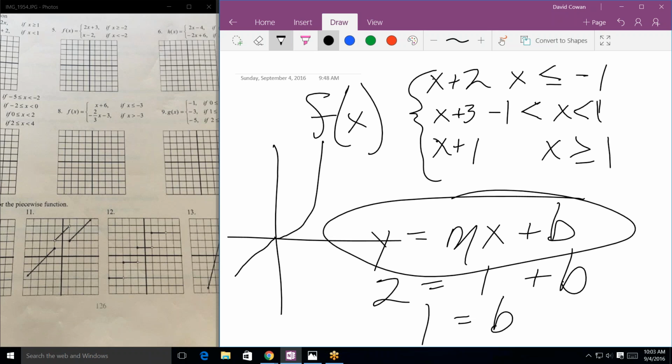To the left, the equation would be y equals x, and to the right, the equation is y equals x squared. So when x is less than 0, it's y equals x. When x is greater than or equal to 0, it's y equals x squared. And that's how you do them. So they're not all linear, but everything on this page is linear.